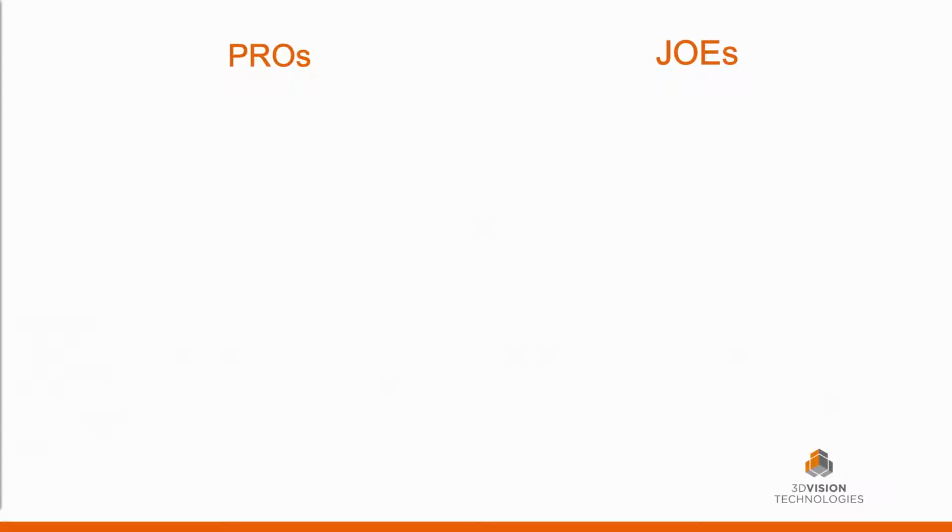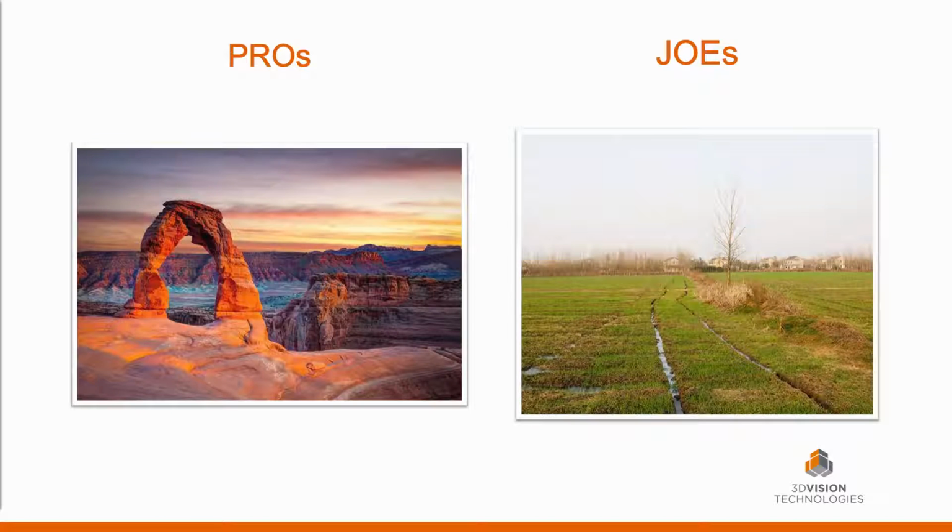To get started, when we think of photography and we think of professionals and amateurs, think of pros and joes, what do we tend to think with the professional? We often think, it's a paid service, so we're going to see higher quality, right?